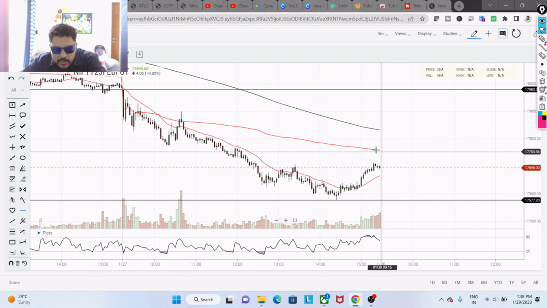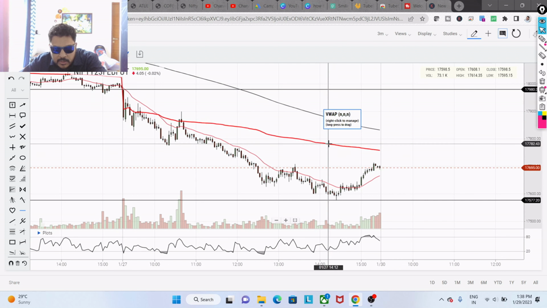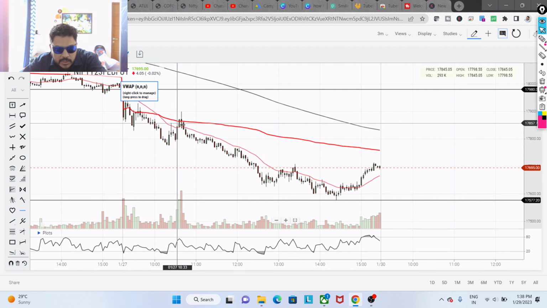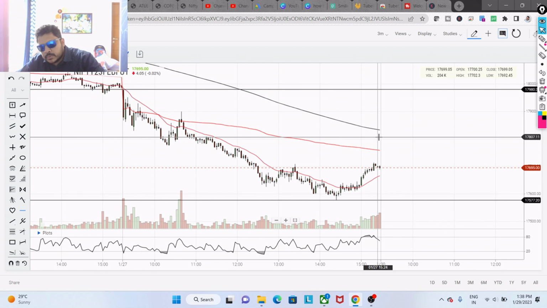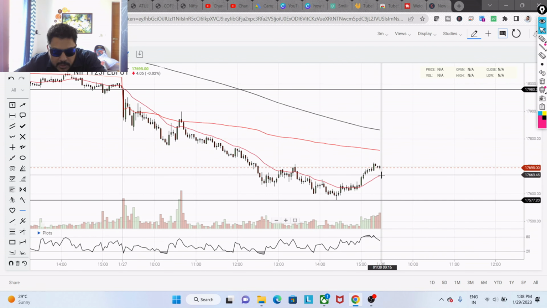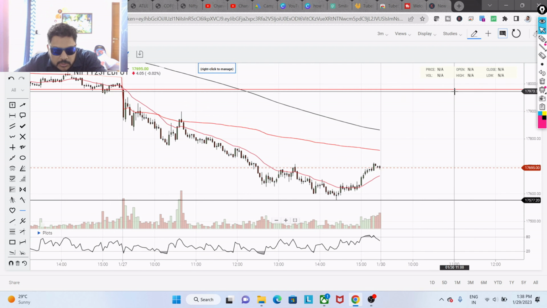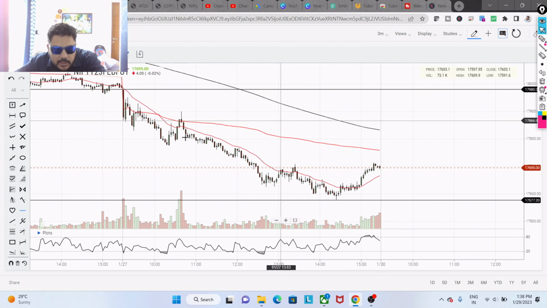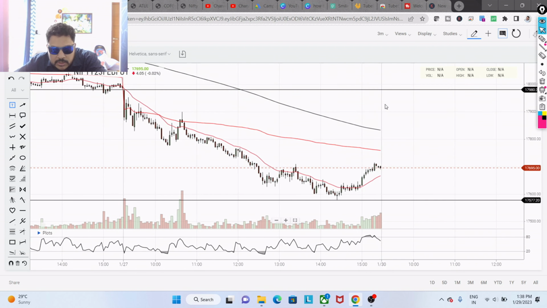And where is the VWAP? VWAP is also here, but it's an additional condition which we have put. So it has to be above VWAP, above 200, above 20, and above the previous day high. So let's write down the conditions.